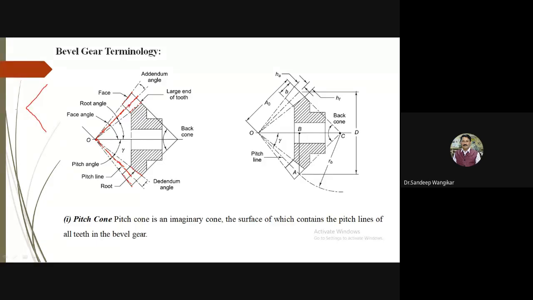This is the center line, and this is the pitch cone. The pitch cone is an imaginary cone, the surface of which contains the pitch lines. Whatever we have shown at the center, you can call the pitch lines, and they form an imaginary cone. So this is the very first point, about the pitch lines and pitch cone.